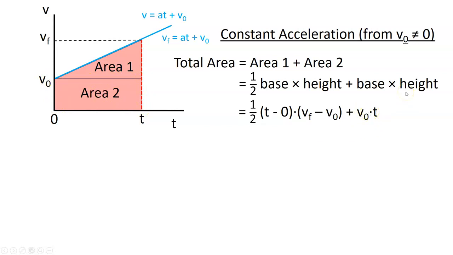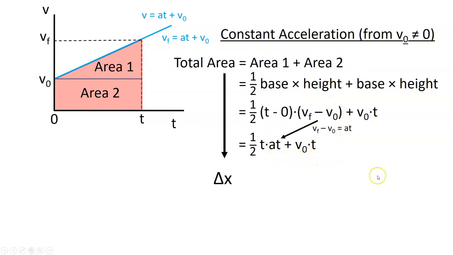Okay. Now this would be a correct expression, but we don't usually keep it like this. We try to put it in terms of something else by replacing the vf. We replace the vf with the equation of this line. And that gives us, very similar to what we had last time, this at term. The big idea is that the total area under the graph is the displacement, and now we have an equation for that displacement.